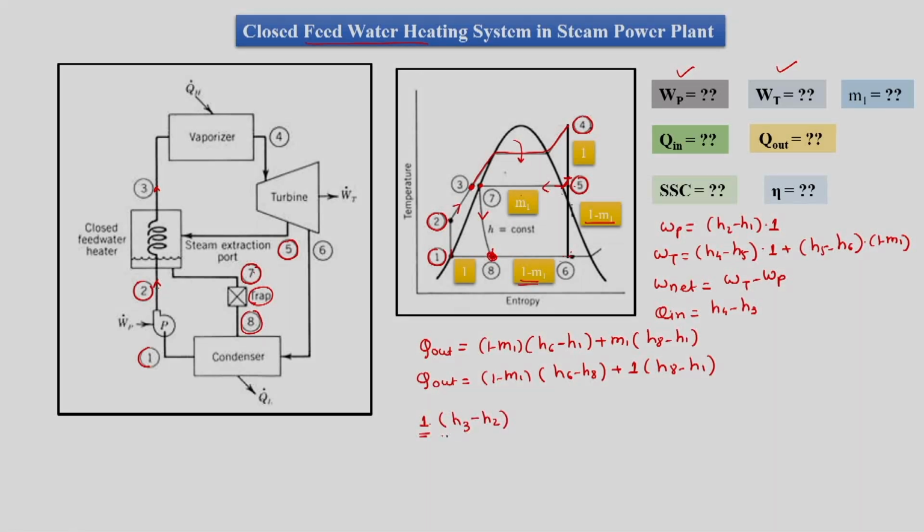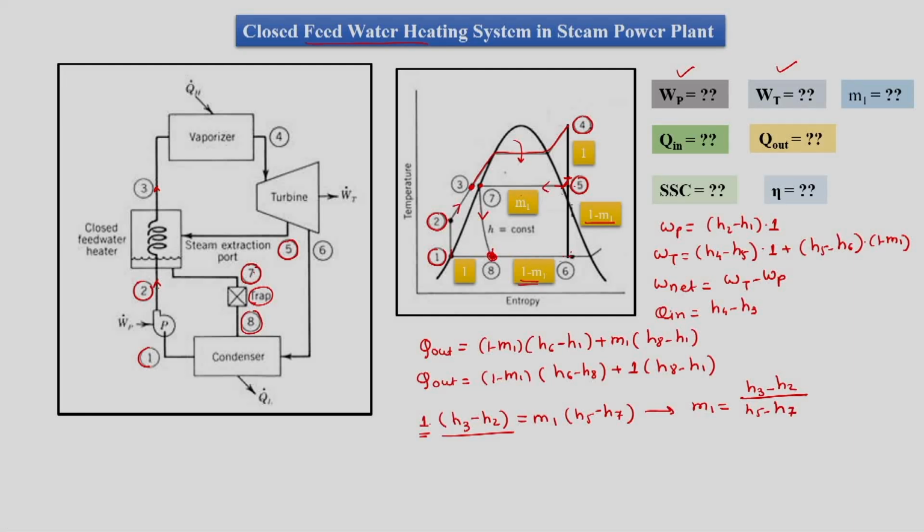The complete mass of water would have risen its enthalpy from H2 to H3, but for that, the steam of mass M1 has to lose its enthalpy from H5 to H7. So this formula leads to M1 equal to H3 minus H2 divided by H5 minus H7. This is how we can find out M1.